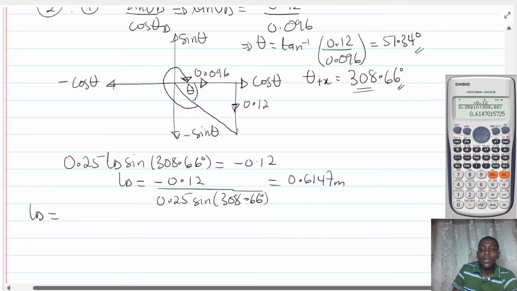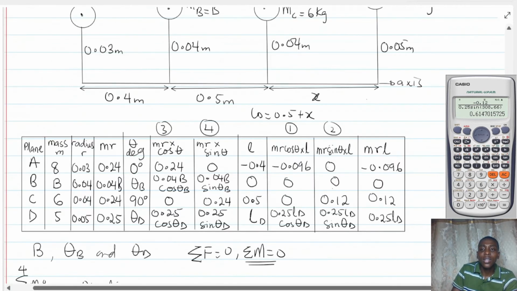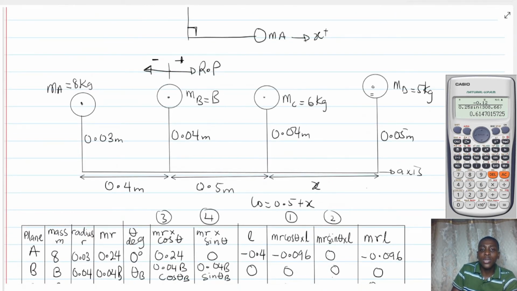But what is LD? Let's go back. We said that LD represents this distance, which is 0.5 plus x.